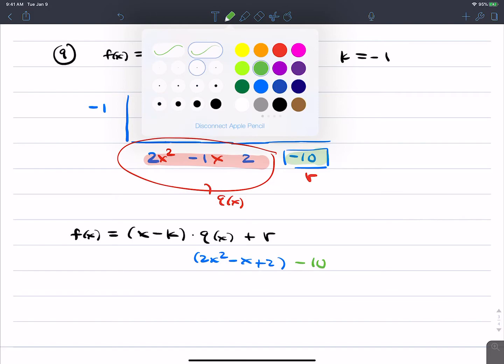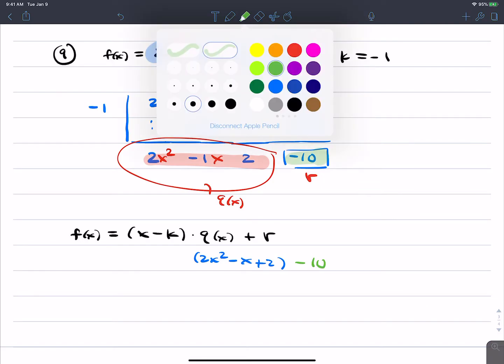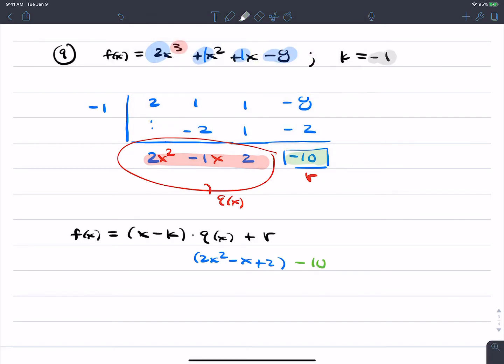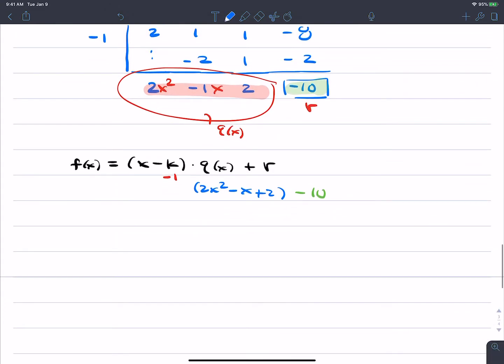So here's what this looks like altogether. We have to also recall that the k value here is negative 1. So if I plug in this negative 1 for k here, notice what we get. This term here will be x minus a negative 1, which really means x plus 1.